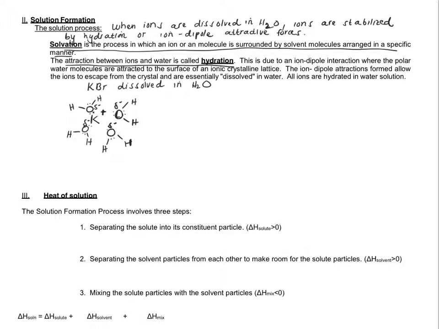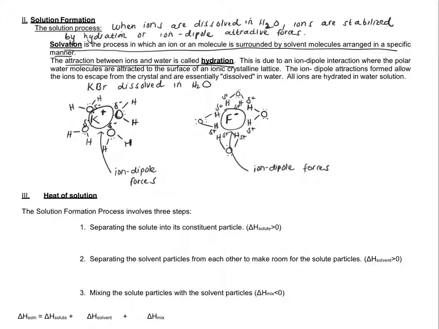And bromide is going to be surrounded by the electropositive hydrogens of water. This arrangement keeps the ions stabilized in solution, and this process is called hydration.